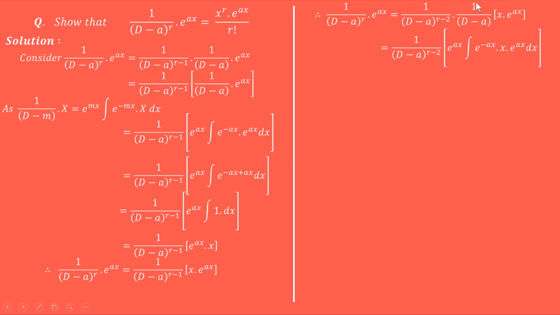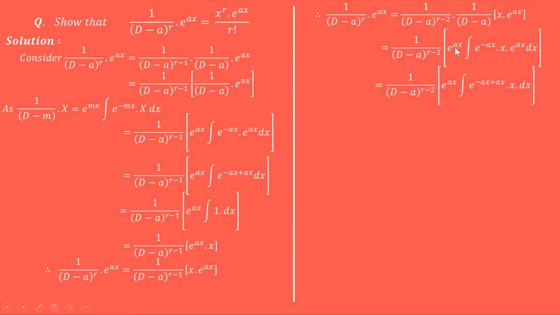First operate 1/(D-a) over x e^(ax). Use the same formula, 1/(D-m) X = e^(mx) integration e^(-mx) X dx. Instead of capital X, here is x e^(ax), and instead of m, here is a, and so here we get e^(ax) integration e^(-ax) x e^(ax) dx.